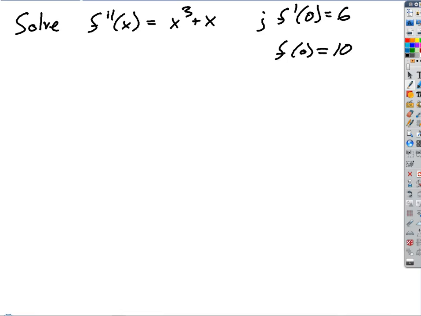All right, so what do we do if f double prime, the second derivative, is given to us? What integral do we set up to anti-differentiate the first time? Suggestions? Another way of saying this would just be the derivative with respect to x of y prime equals that, right?